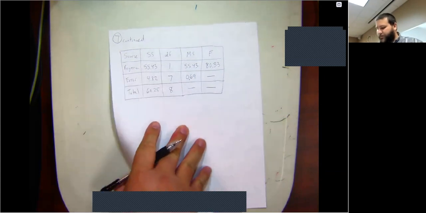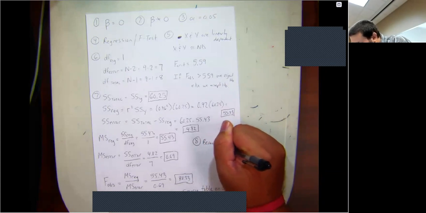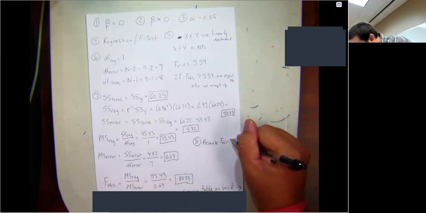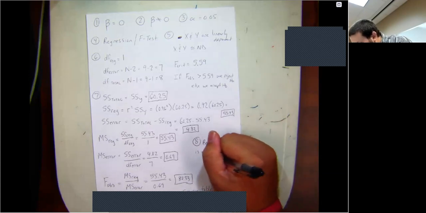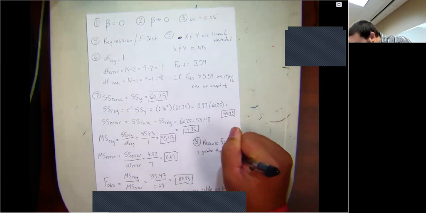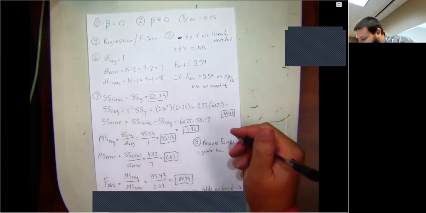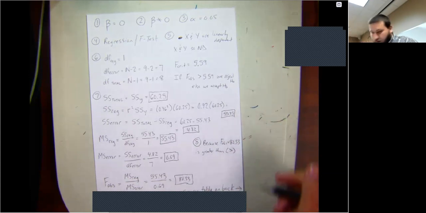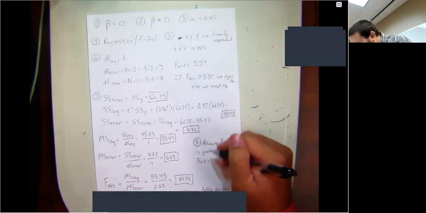Now let's go back and make our final decision about the slope, because F observed equals 80.33, which is greater than F critical, which we can get from up here, 5.59.